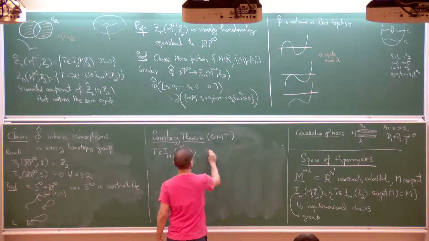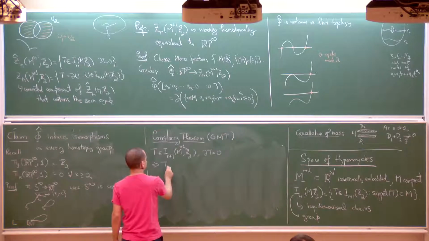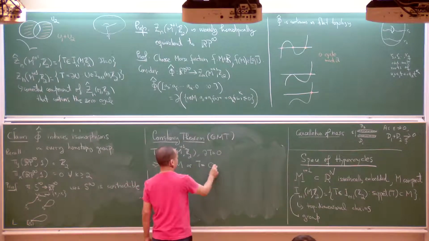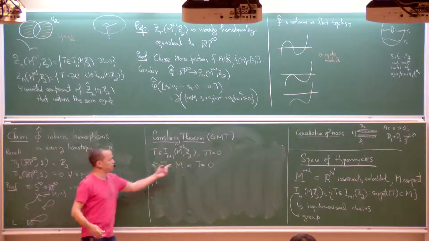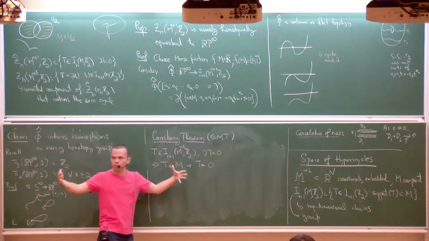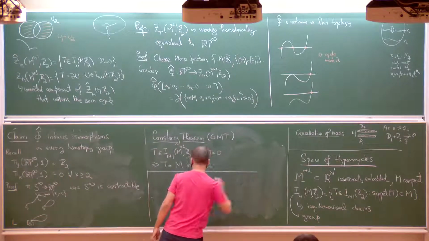Then if the boundary is equal to 0, there are only two possibilities. Either T is equal to the whole manifold, or T is equal to 0. Okay, so the only two regions in my manifold with boundary equal to 0 are the trivial guy, or the whole manifold. So this is called the Constancy Theorem.